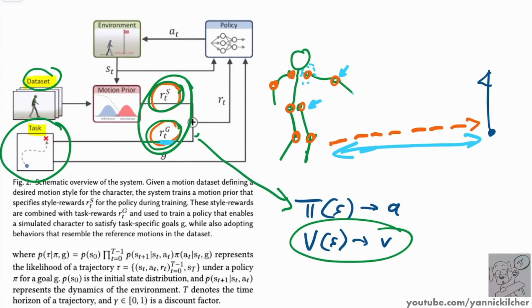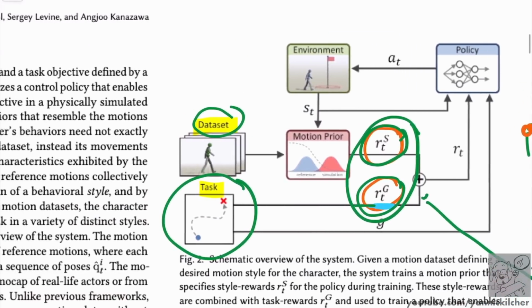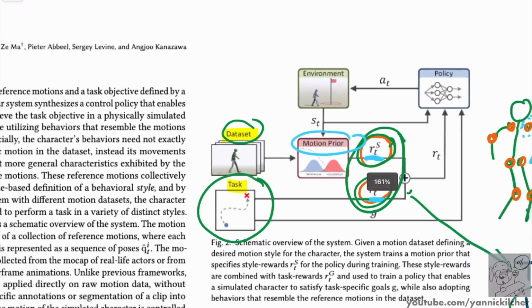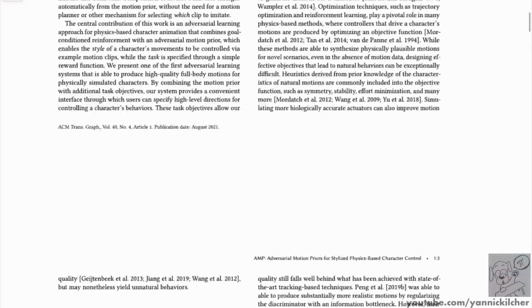So both rewards ultimately are in this standard advantage estimation reinforcement learning setting. However, the top reward is calculated differently than simply do you reach the goal. The top reward is a measure of how close you are in style to the dataset, and that's given by this motion prior. And the motion prior is given by a GAN, by a generative adversarial network.